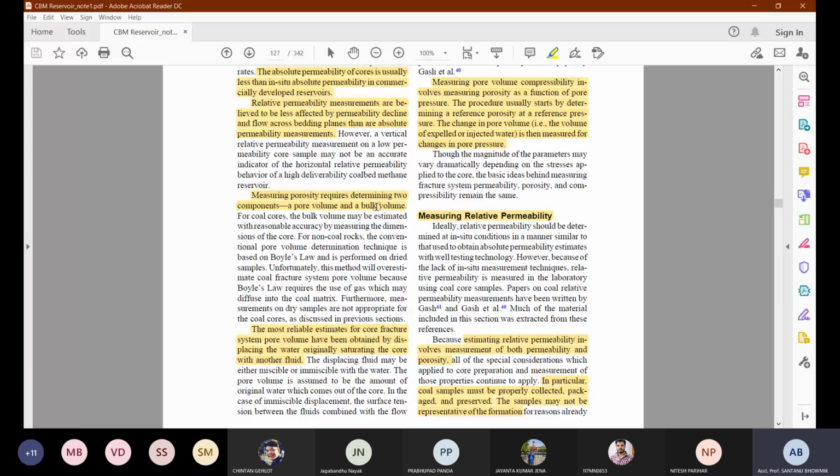So whatever porosity we get is sometimes also called the excess porosity, or the overestimated result compared to what we would get from the methane or carbon dioxide porosity.